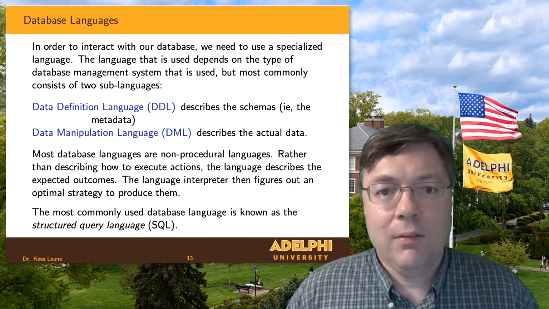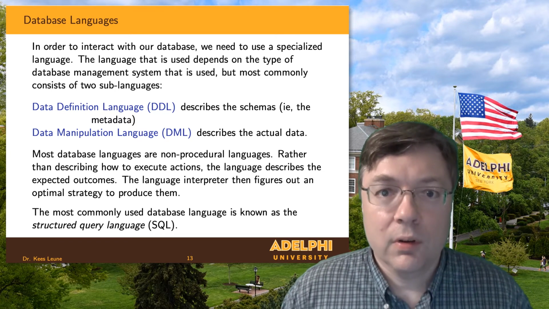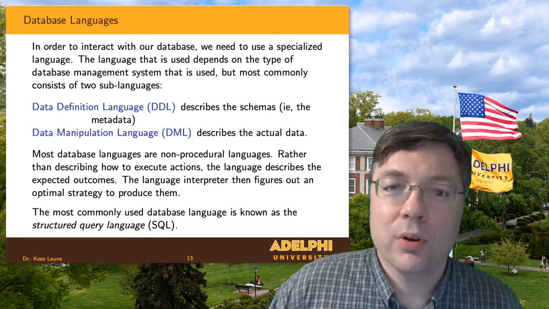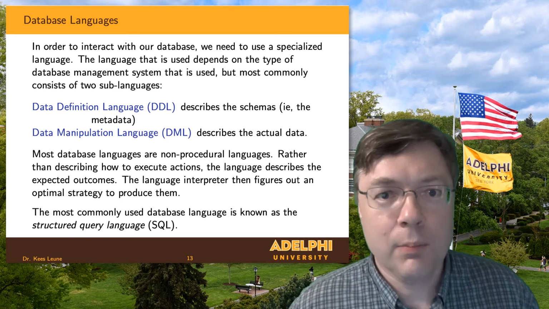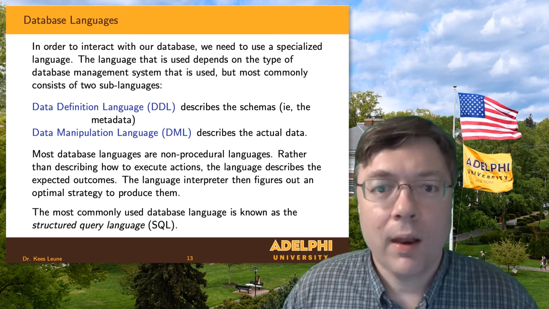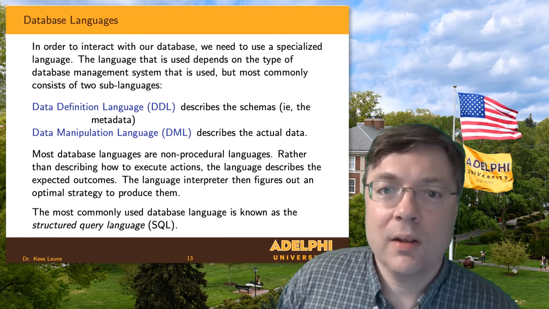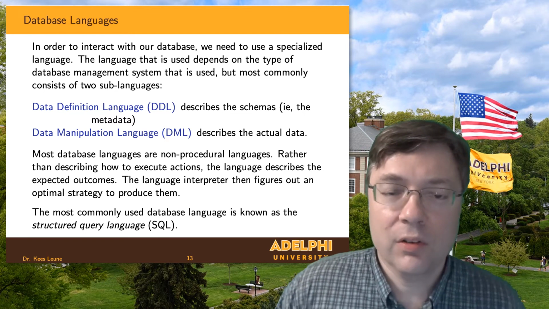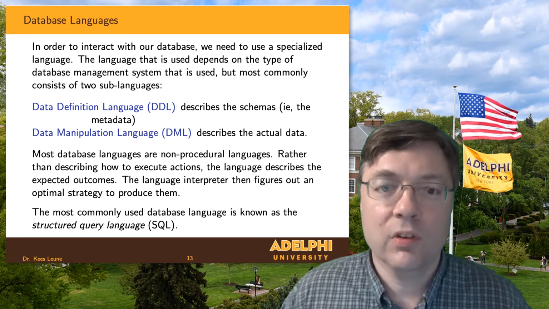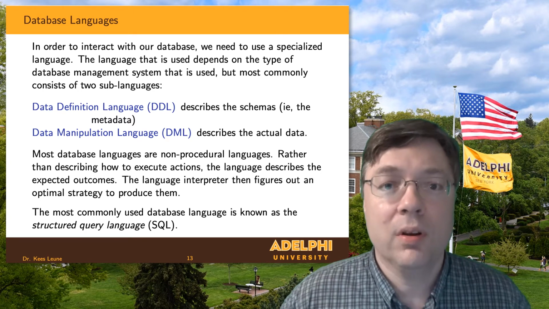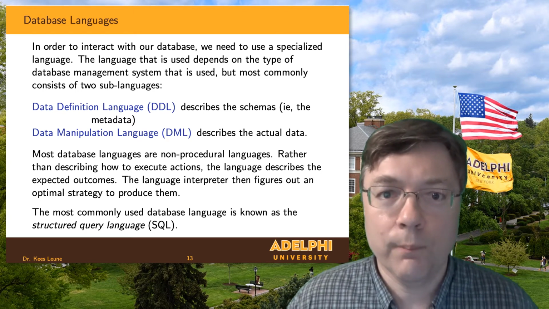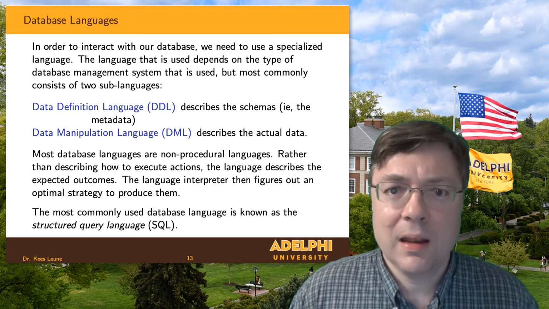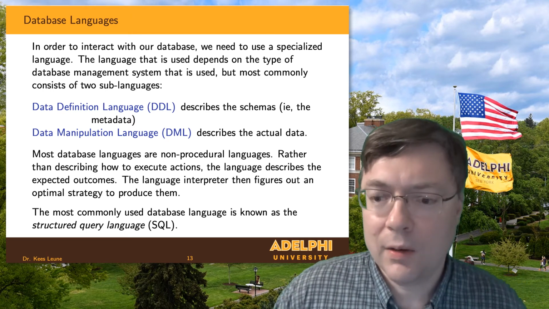Typical database languages are non-procedural languages. They describe the desired output that you're looking for, given the input that you are presenting, and then the database management system gets to figure out how to do this. And so it means that you are relinquishing some control over how the DBMS obtains this data for you. That's okay though. It will take some getting used to, but we'll make that work.